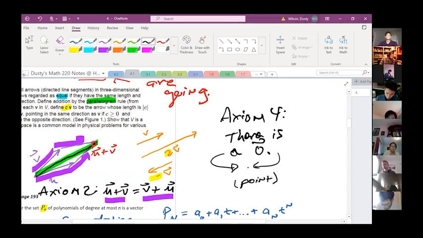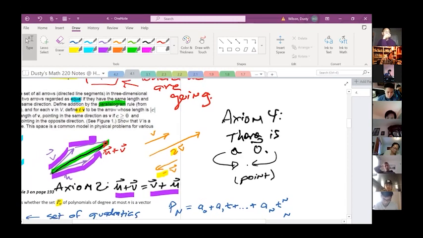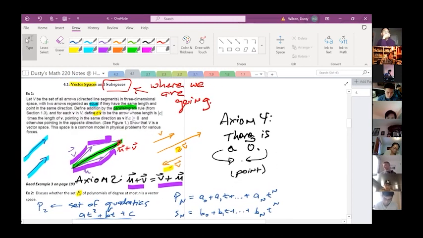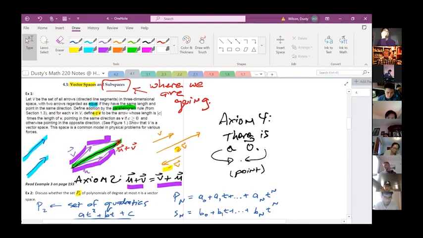Has no length, no direction, right? And so we could go through and graphically show that this world of graphical vectors satisfies all 10 of those axioms. So once again, this is describing a vector space. I haven't gone through all 10, but I think you get the idea of how that would work.